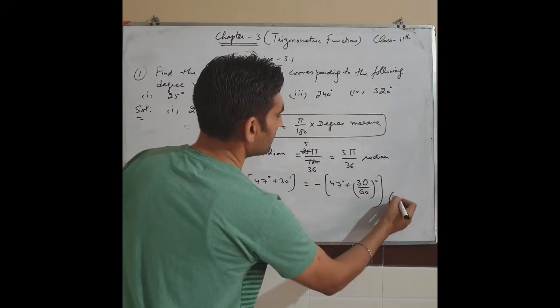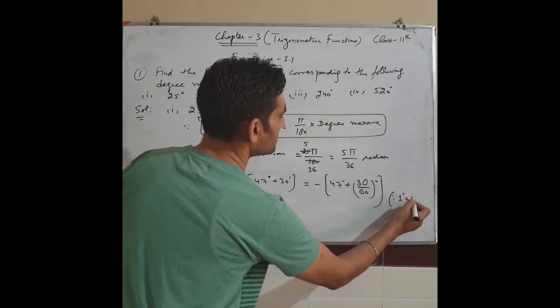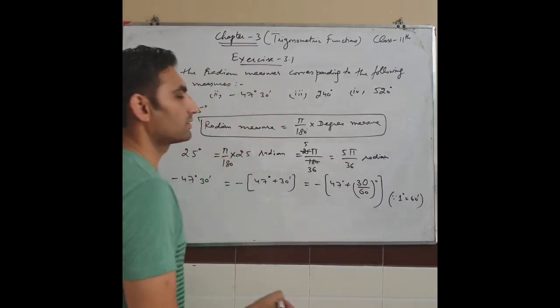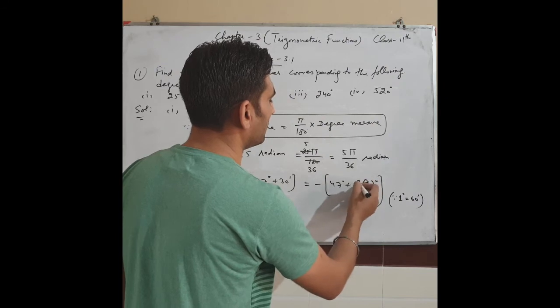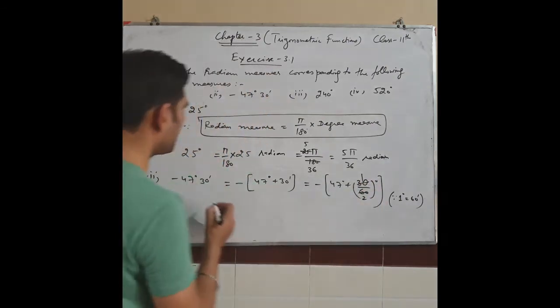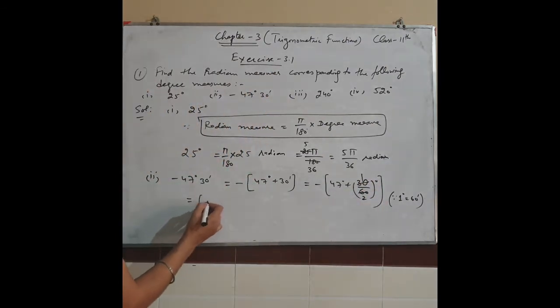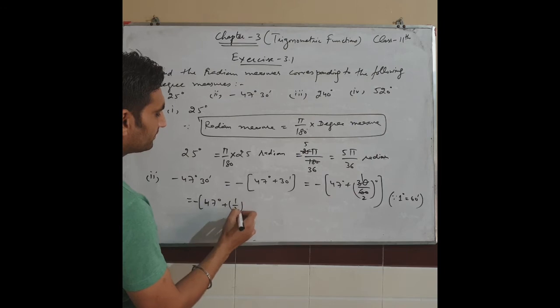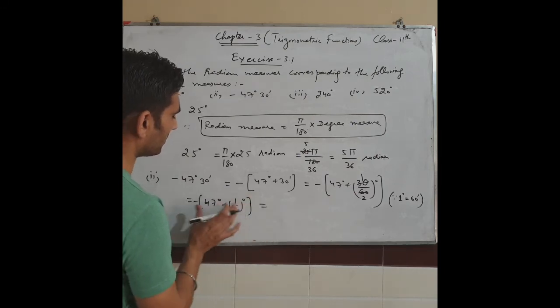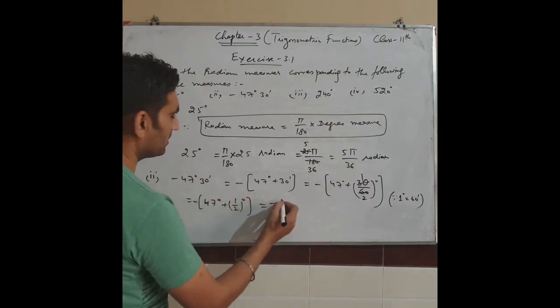Why? Because 1 degree is equal to 60 minutes. So 60 minutes combine to form 1 degree. That's why we are dividing it. It will give 1 over 2, which can be written as minus outside, 47 degree plus 1 over 2 degrees. Now write them combined in degrees because their unit is the same now. They both are in degree.